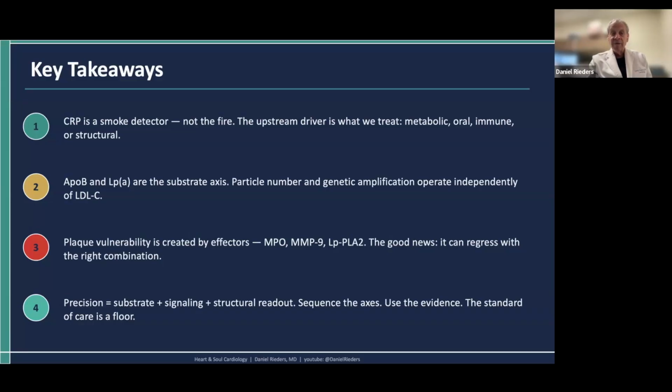Because a lot of heart attacks occur in patients who have less than a 50% stenosis, and they are told after a coronary angiogram there's nothing to be done, because they're not assessing vulnerable plaque per se, although you can see things on a coronary angiogram such as remodeling, and you can see it also on a CTA.